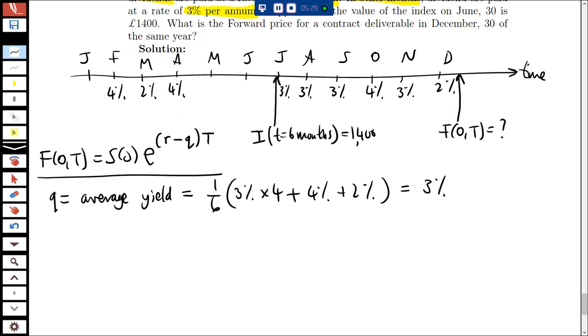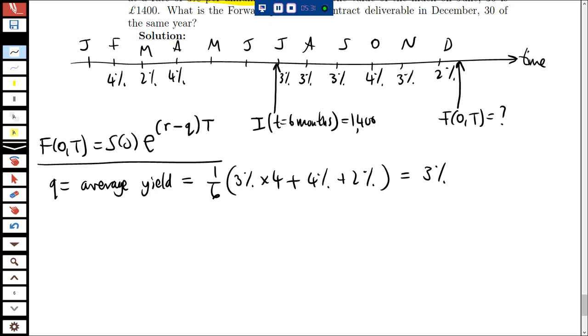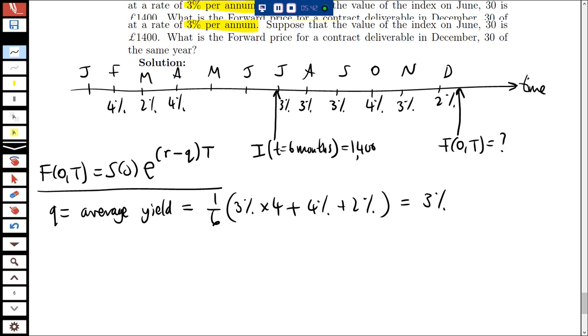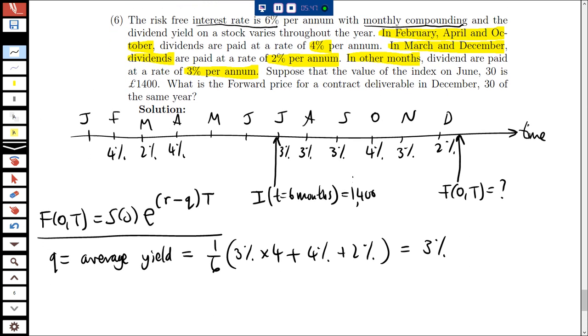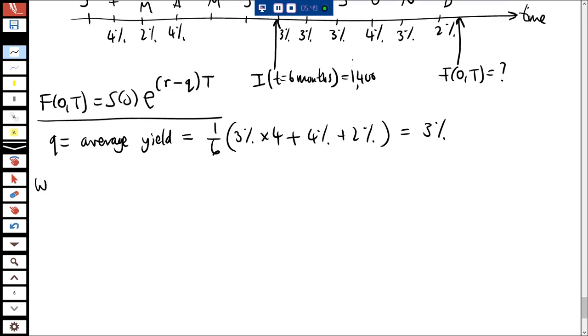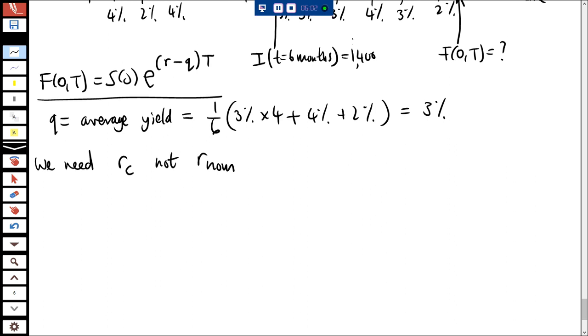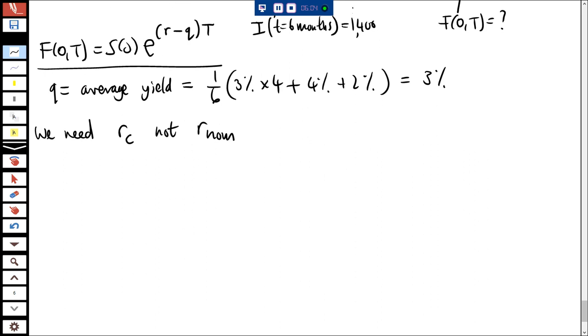Okay, so there's Q. We've got S0, which is just 1,400. T is 6/12, that's big T. We just need R, and we're told that the risk-free rate is 6% with monthly compounding. So we need the rate for continuous compounding, not the nominal, over 12 compounding periods.